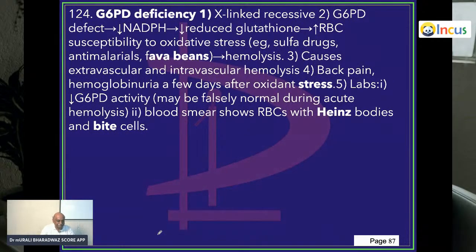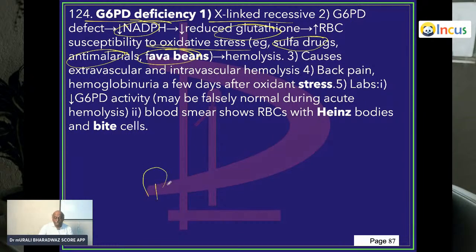Okay, doctor? Next comes G6PD deficiency. What are the 10 things? 1 minute. It's X-linked recessive, decreased NADPH, reduced glutathione, increased susceptibility to oxidative stress. Then what are the drugs? There's a big list of drugs that can lead to problems in G6PD deficient patients. Oxidative stress and anemia. At least remember sulfa drugs, anti-malarials, fava beans.